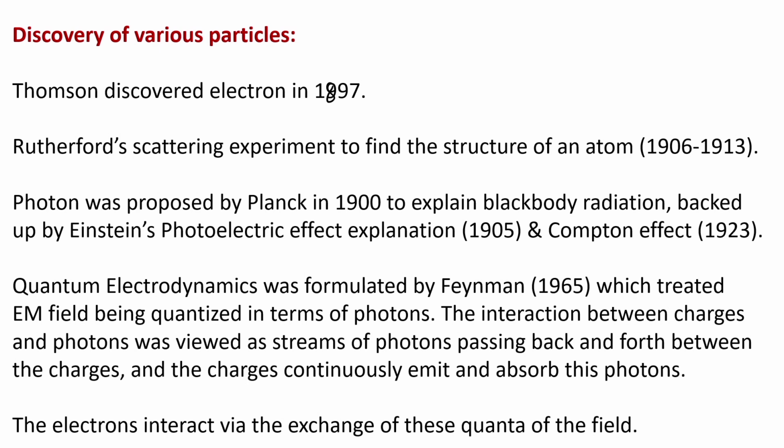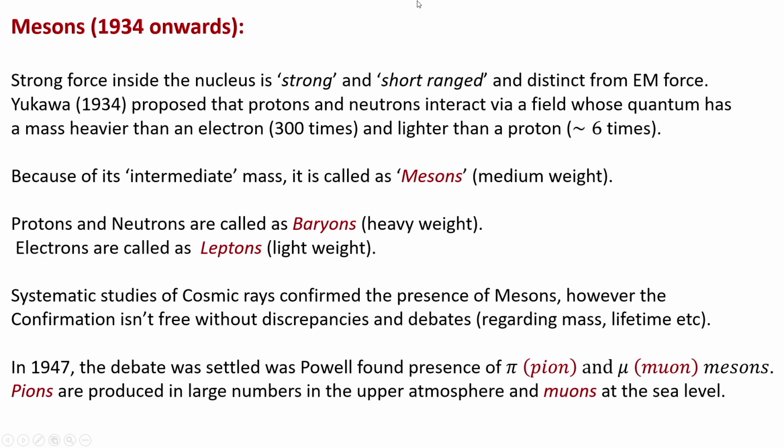The interaction of radiation and matter was successfully explained, and the electrons are found to interact via exchange of these quanta of the field, which are nothing but the photons.